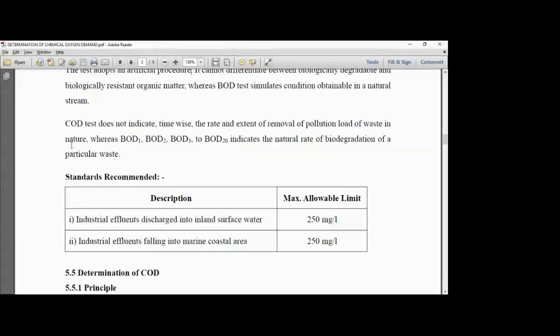The COD test does not indicate, time-wise, the rate and extent of removal of the pollution load of a waste in nature, whereas BOD1, BOD2, BOD3, BOD20 indicate the natural rate of biodegradation of a particular waste. Normally we find BOD5 at 20 degrees Celsius or BOD3 at 27 degrees Celsius, but I can even find the BOD after 1 day, 2 days, 3 days, so I get stage-wise or time-wise values of BOD.